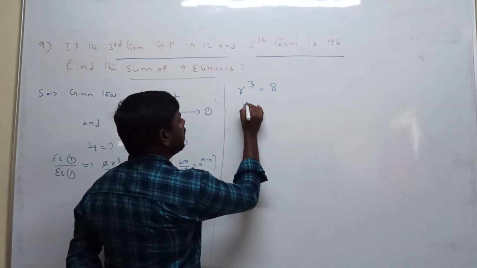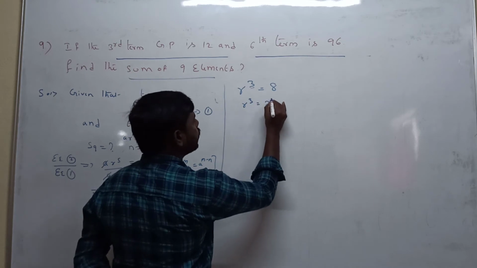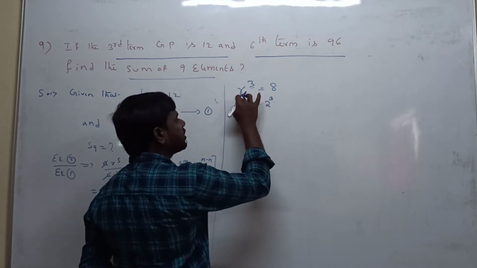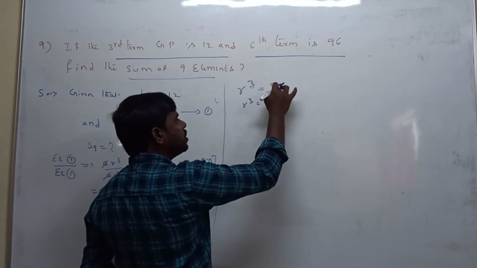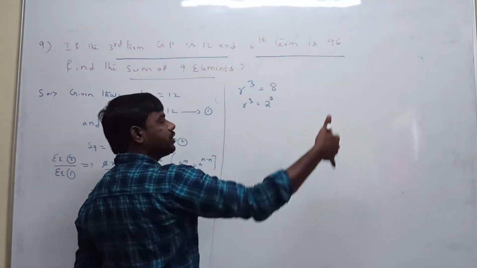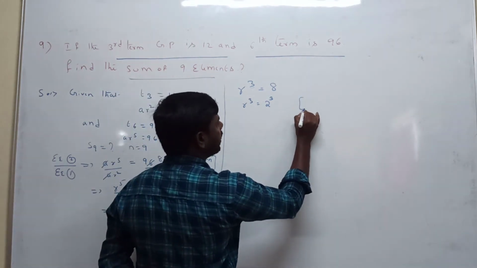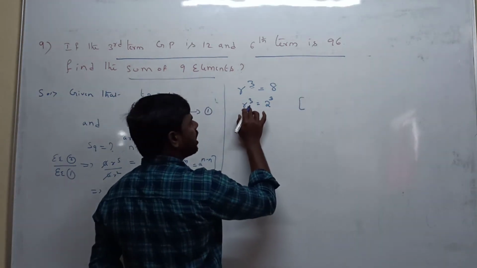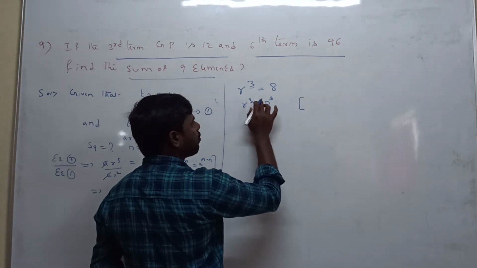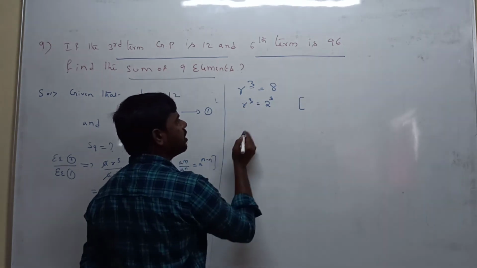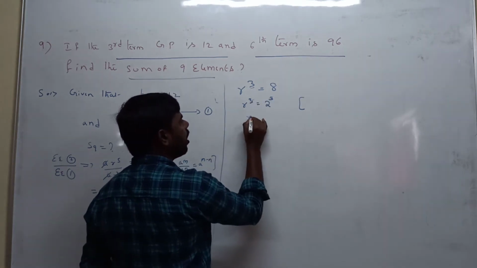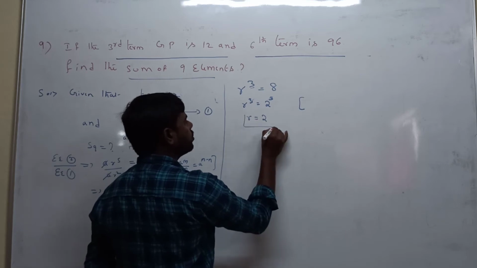That's why 8 can be written as 2 cube, because on the left hand side the cube function is there. So listen here. Whenever powers are the same, bases are equal. That's why the 3 gets cancelled. r is equal to 2. So now we got the r value.